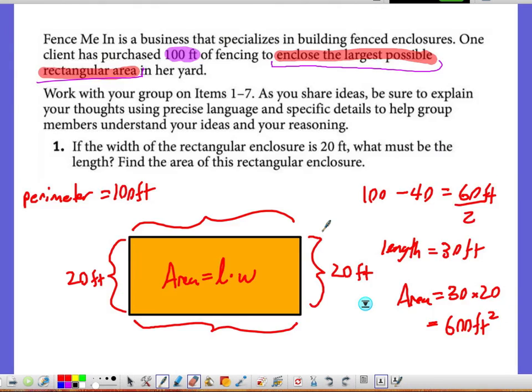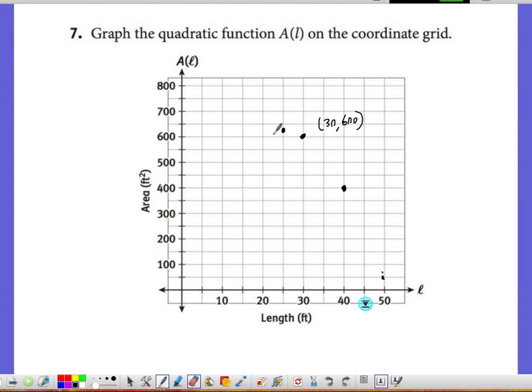And so if 30 and 600 is going to be on there, then 20 and 600 is going to be on there. And if we have 40 and 400, we're going to have 10 and 400.